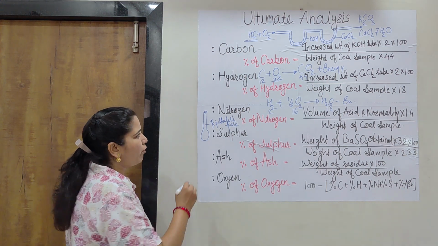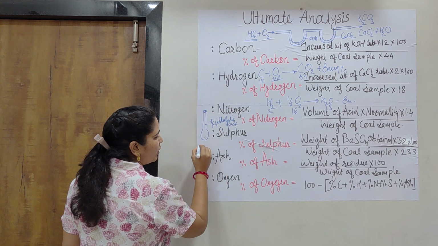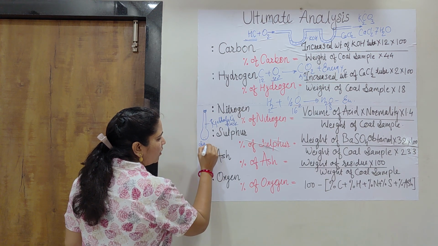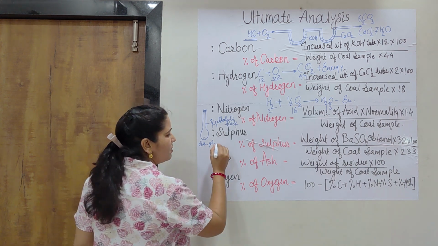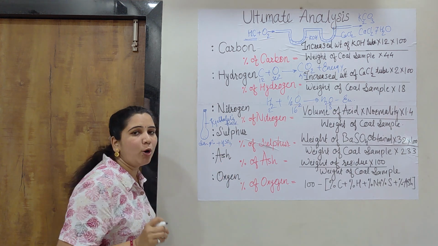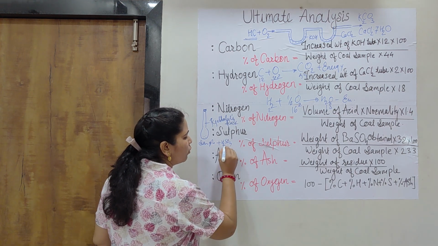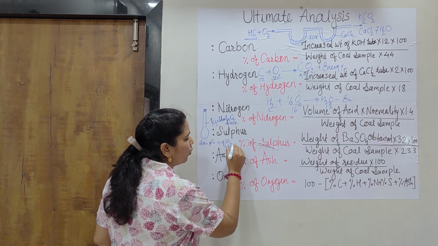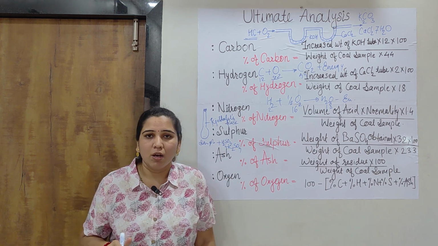For that, such a flask is used with this particular cork. In this flask, at first a sample of coal is taken. A weighed sample of coal, maybe 1 gram, maybe 2 gram, is treated with concentrated H2SO4, a minimum amount, along with concentrated K2SO4 or CuSO4. Any one of K2SO4 or CuSO4 is sufficient.